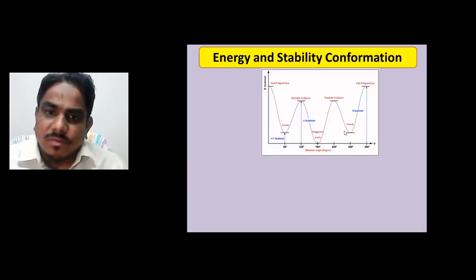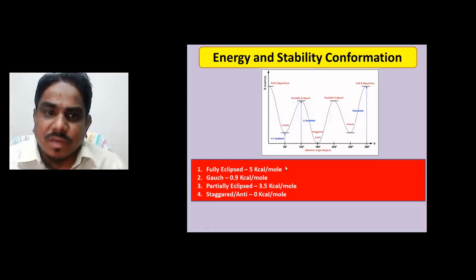So accordingly, if we go on further rotating the carbon-carbon single bond, it is converted into partial eclipse conformation, Gauche conformation at 300 degrees, and at 360 degrees we observe the fully eclipse conformation. So the energies of all the conformations of n-butane are: fully eclipse conformation 5 kilocalories per mole, Gauche conformation 0.9 kilocalories per mole, partial eclipse conformation 3.5 kilocalories per mole, and the staggered or anti-conformation 0 kilocalories per mole.